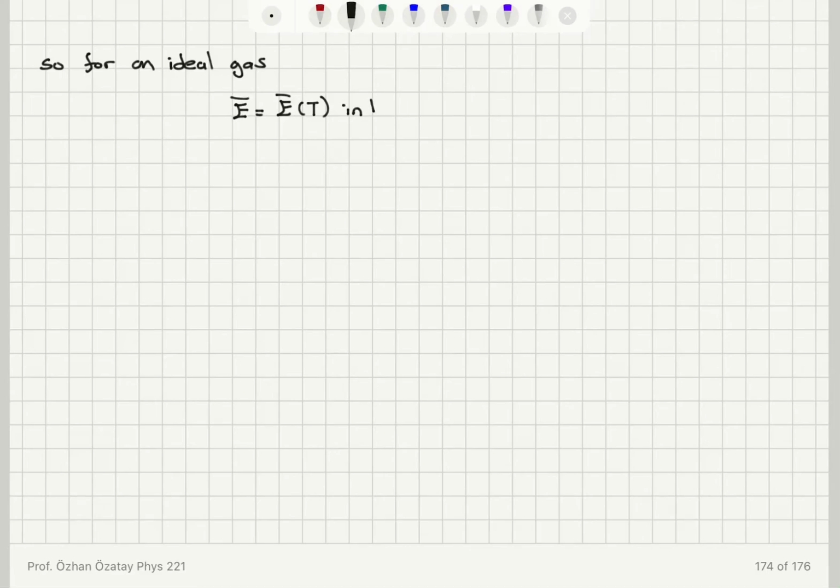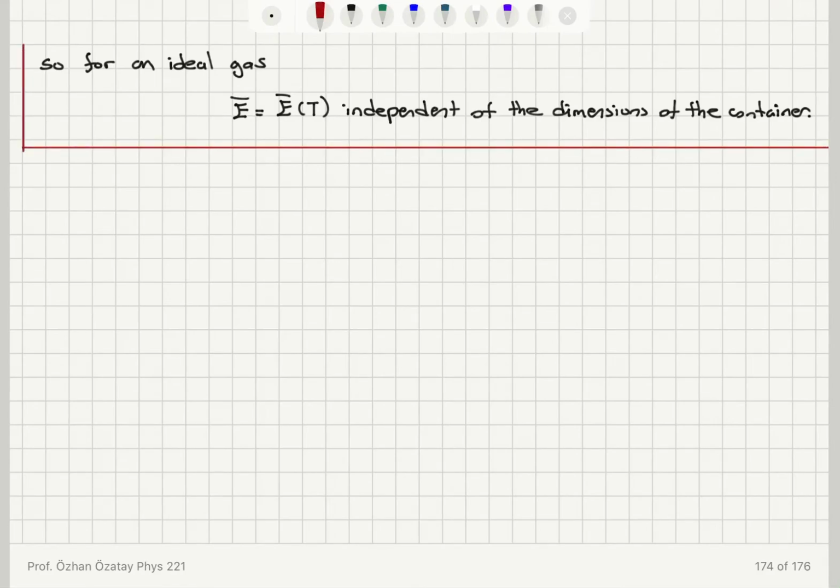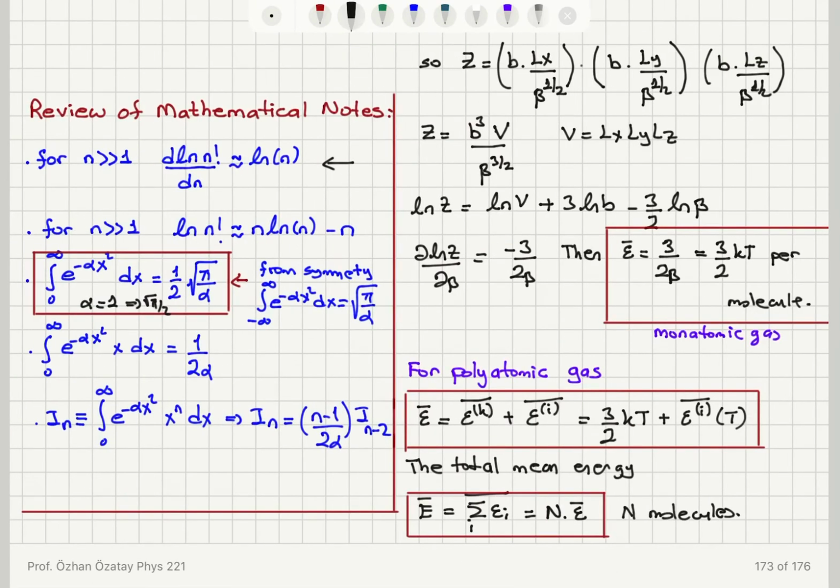It is independent of the dimensions of the container.